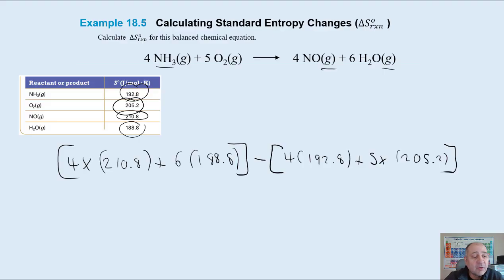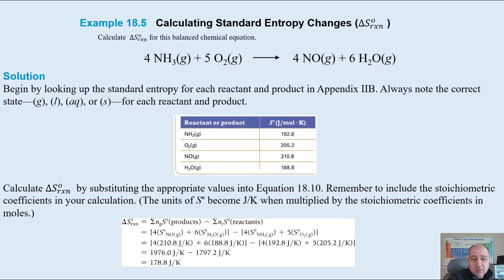I left all the units out, but the units for every one of those is joules per mole per degree Kelvin, and I'm going to have the answer here on the next page all written out. The answer here is 178.8. So we have an increase in entropy, right? It's 9 going to 10, so we can tell that this is going to have a positive entropy.